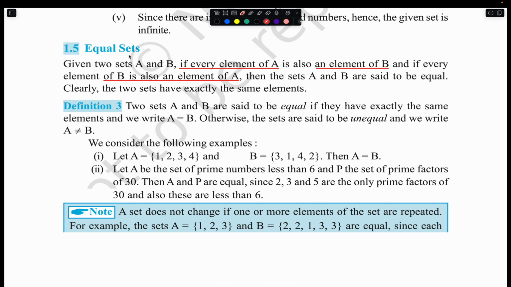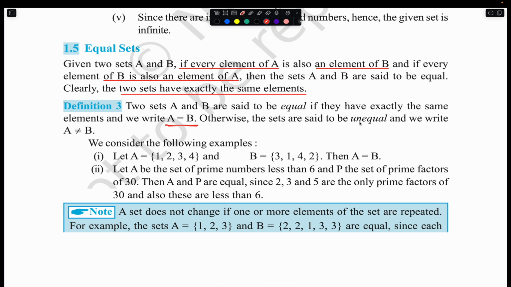So equality of sets means a very simple thing. Two sets having exactly the same elements are said to be equal, right? So if you want to define it otherwise, two sets A and B are said to be equal if they have exactly the same elements, and we write it as A equal to B.